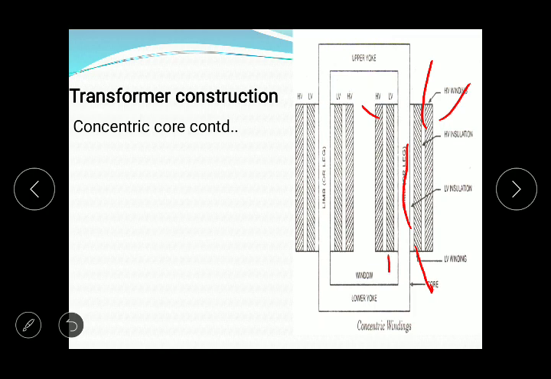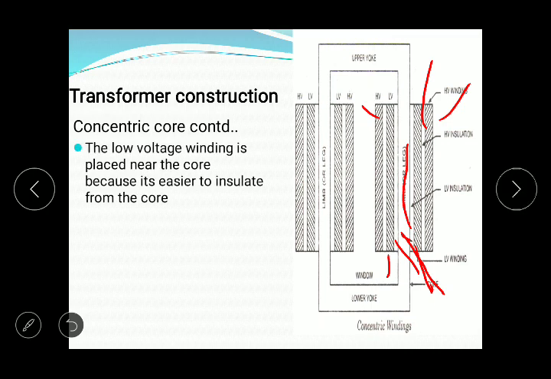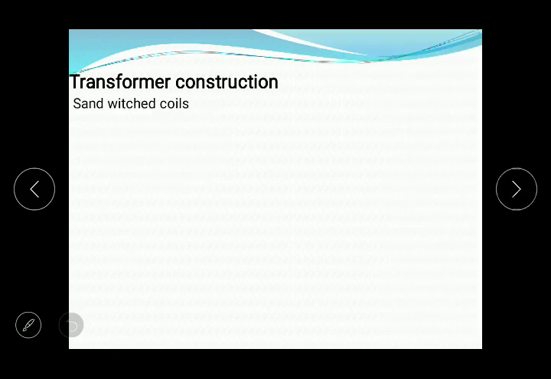This is the insulation, and this is the LV insulation. So the low voltage winding is placed near the core because it's easier to insulate from the core. The high voltage winding is placed after the LV winding.